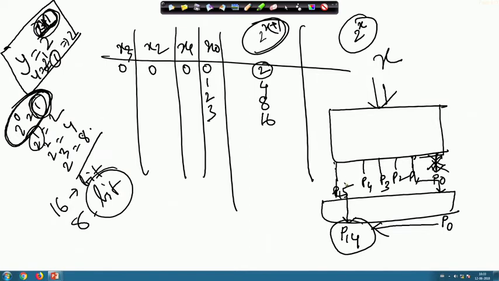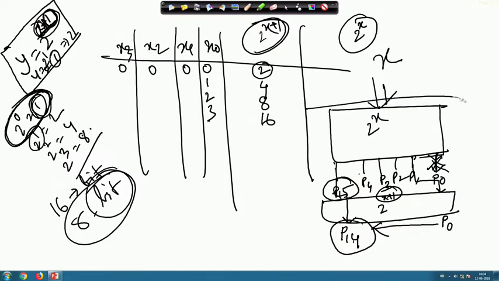Though for 2 to the power x I can hold the value 2 to the power 15, for 2 to the power x plus 1 I cannot hold the value within that word length. That is why I can consider up to P14, and this will be the total block diagram of 2 to the power x plus 1.